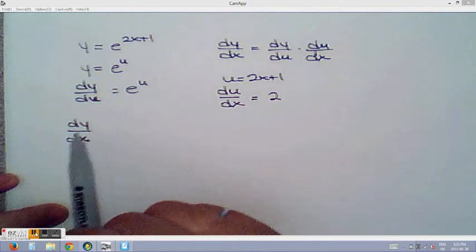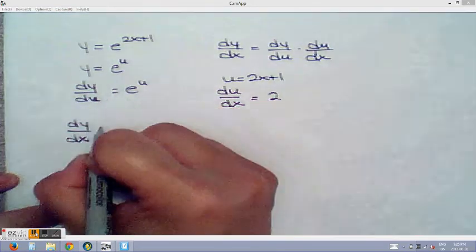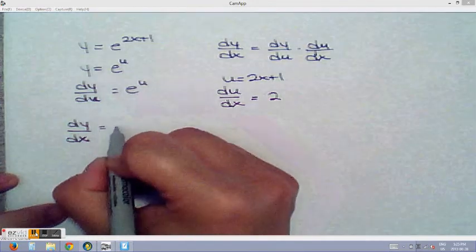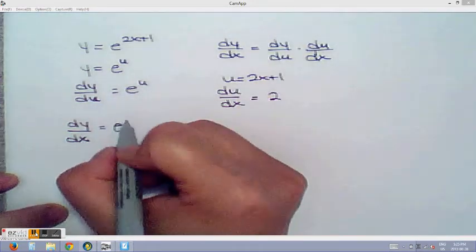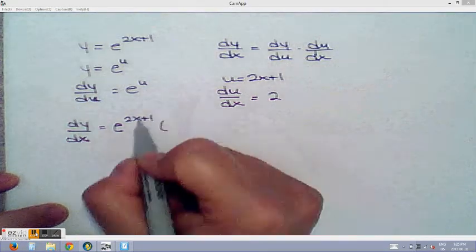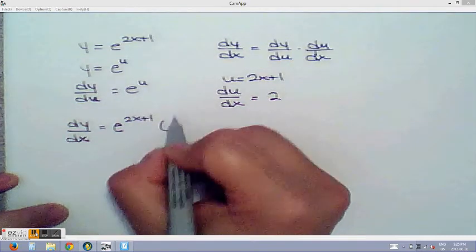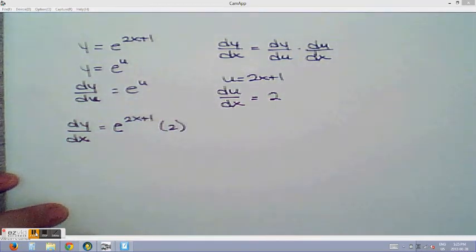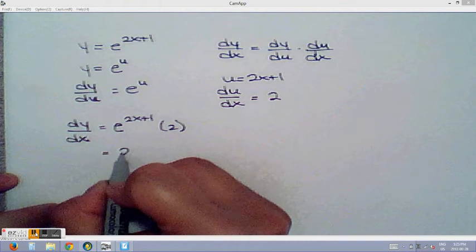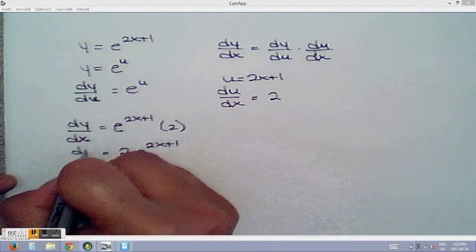Differentiating y as a function of x, I'm going to make a substitution back in: e to the 2x plus 1 times the derivative of what's inside, what I made the substitution of u to be, which is 2. So dy by dx is 2e to the 2x plus 1.